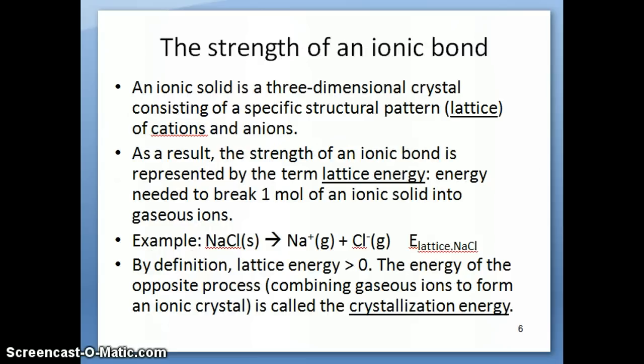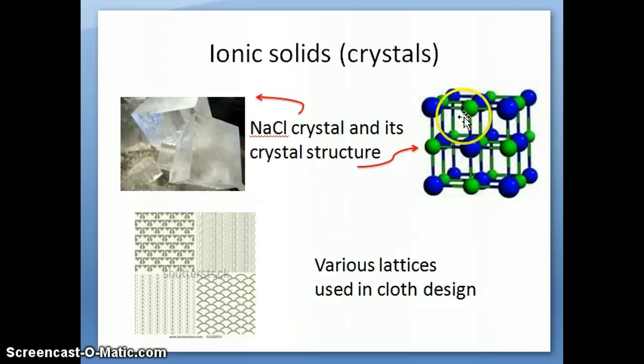Going back here, that strength of interaction is what we refer to as the lattice energy. Specifically, the lattice energy is actually the energy needed to break that interaction. So as opposed to measuring the strength of the interaction between the cation and the anion, the lattice energy is the energy you need to break that interaction.